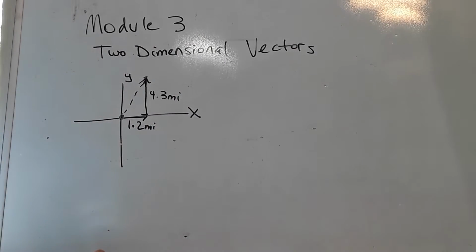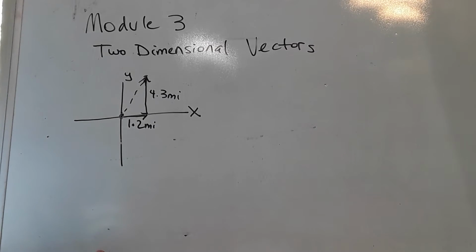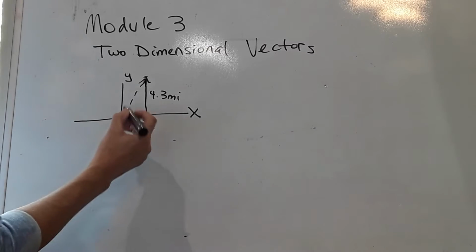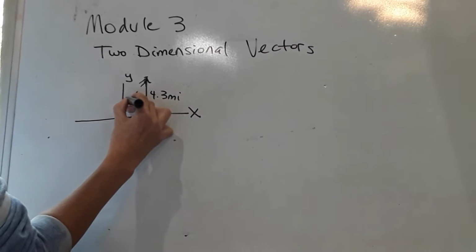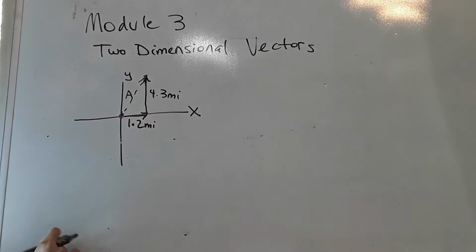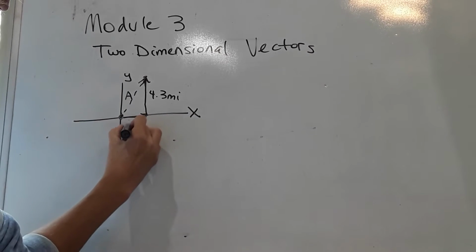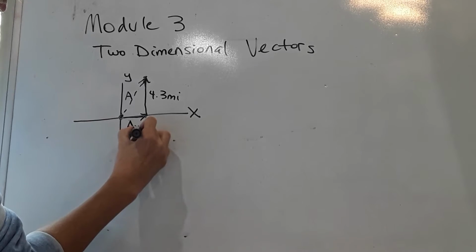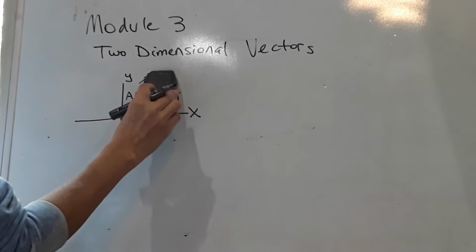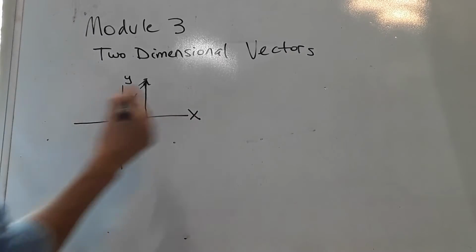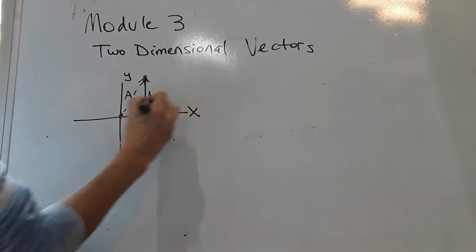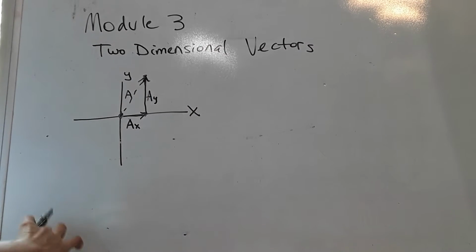The two main formulas that you need to know: the magnitude of this vector here, if we call it A, then this vector in the x direction would be the x portion, and this would be the y portion component.